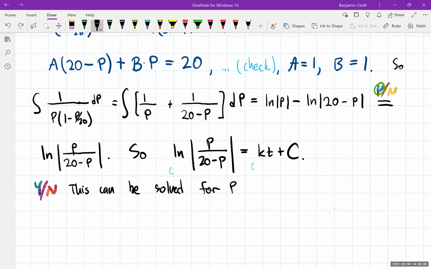So on the left, we're going to get the absolute value of P over 20 minus P. And on the right, it will be e to the kt plus c, which, as I've done a few times before, we can also write as e to the c times e to the kt.